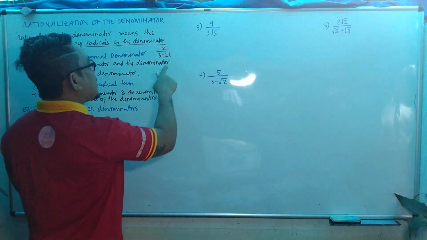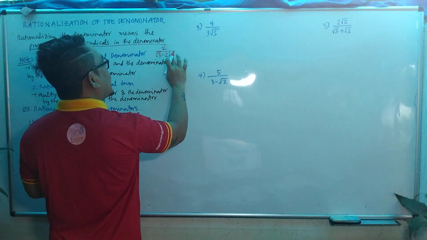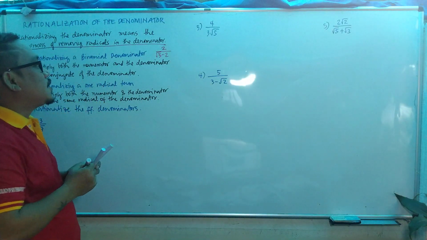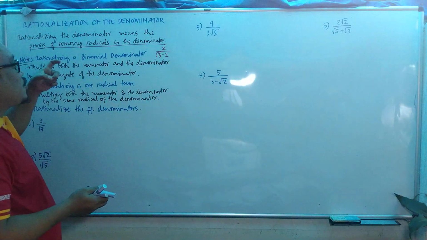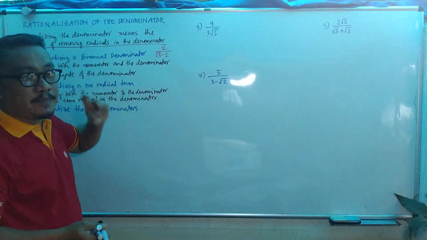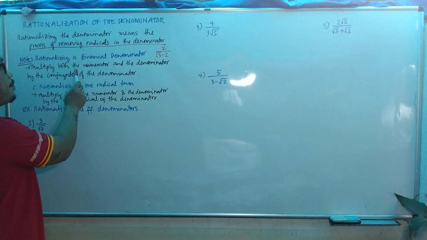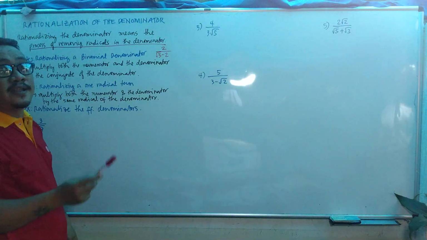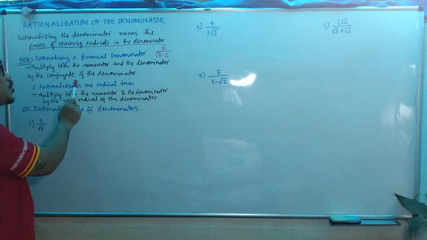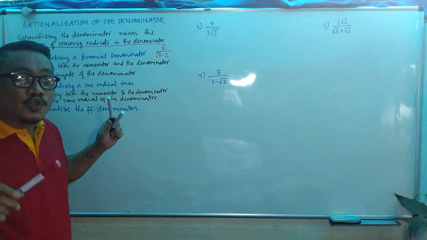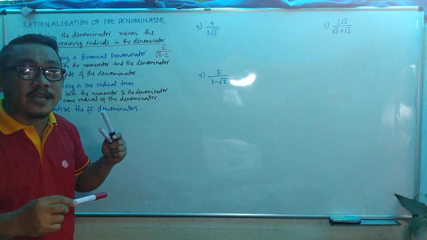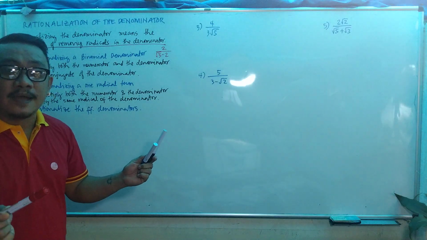Now, suppose we have the square root of 3. To rationalize a binomial denominator, we simply multiply both the numerator and the denominator by the conjugate of the denominator. So, we use the conjugate when the denominator is a binomial, or has two terms.